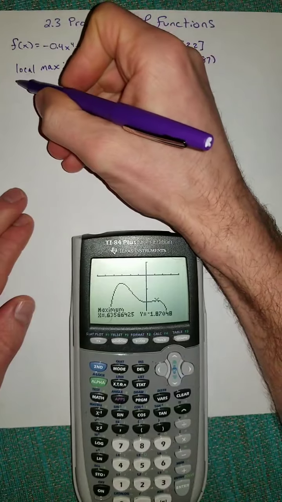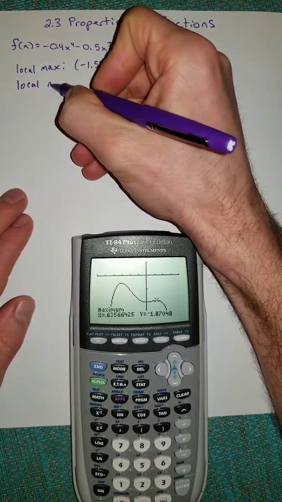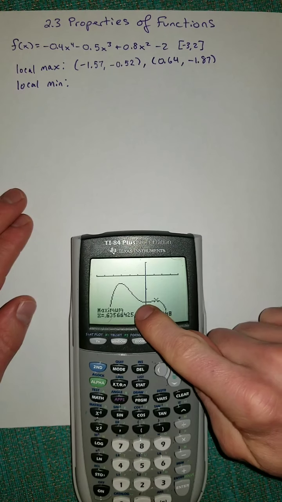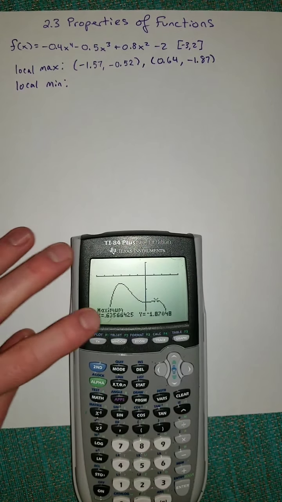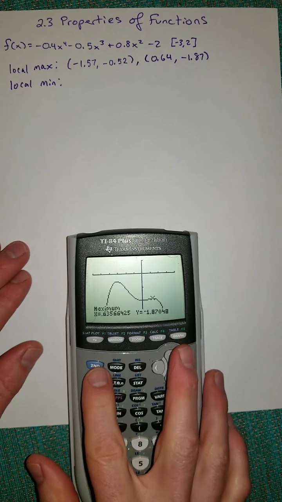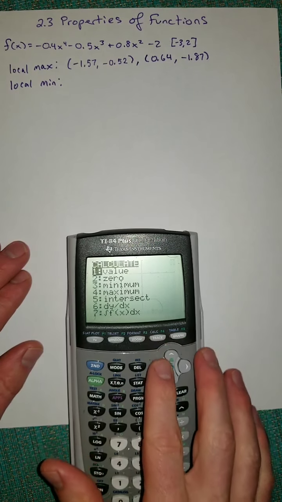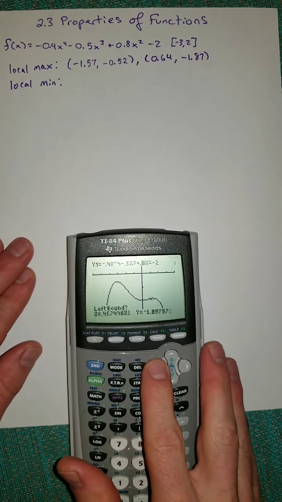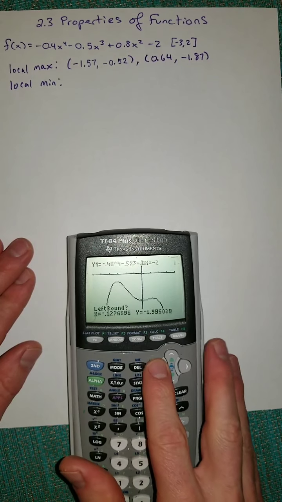Now I look for a local min. Well, remember, there was a local min. It's over here somewhere by the y-axis. So I'm going to go ahead and find that. Let's see, go second, calculate again. And now I go to minimum. I need a left bound, so I take the cursor to the left.